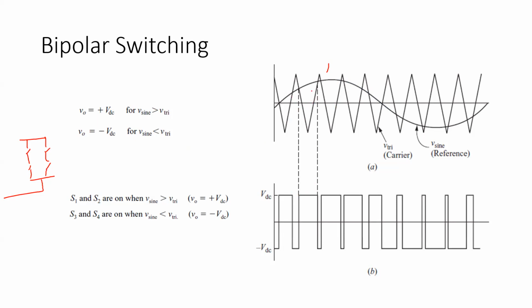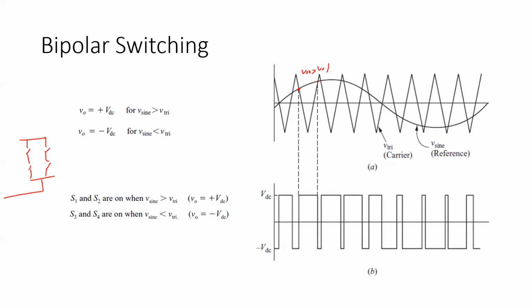See, our carrier is like this and your reference is like this. So it is higher in this portion. V sine is higher than Vref, so we are turning it on as VDC.